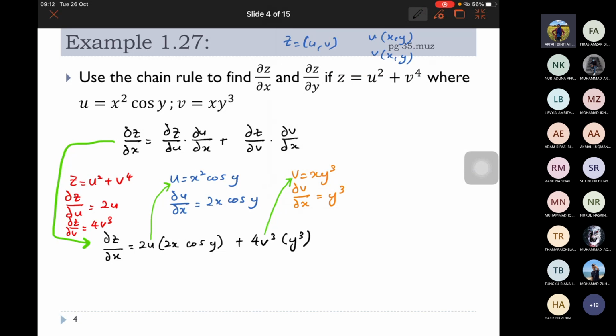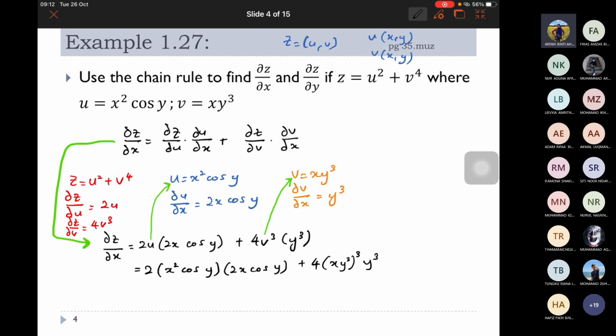Okay. So 2u, you akan dapat 2 x kuasa 2 cos y multiply with 2x cos y plus 4 xy kuasa 3 dikuasakan 3 lagi. Okay. Multiply with y kuasa 3.